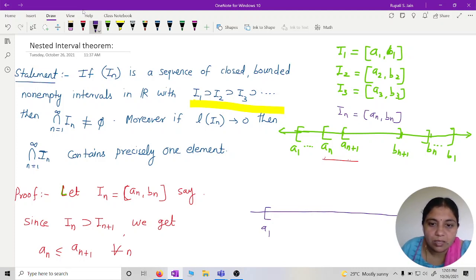Then where will be A2, B2? I2 is contained in I1, so it must be smaller. This will be A2, B2, then A3, B3, and so on. Somewhere here it will be An, Bn, and somewhere here it will be An plus 1, Bn plus 1. Is that okay?